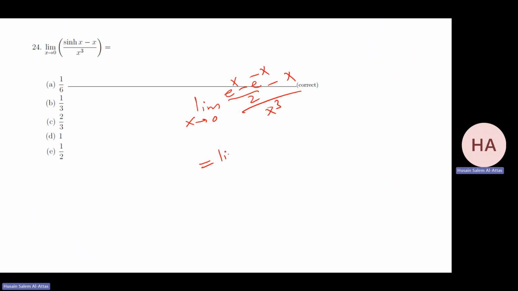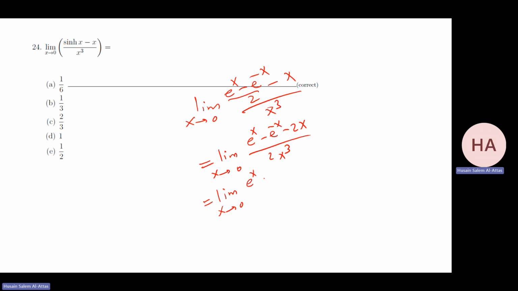So my question is the limit as x goes to 0 of (e to the power x minus e to the power minus x minus 2x) over 2x cubed. Okay. Now if I substitute, you will get 0 over 0, so I can use L'Hôpital's rule.